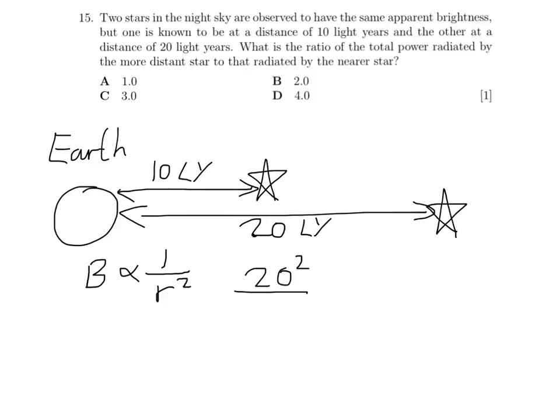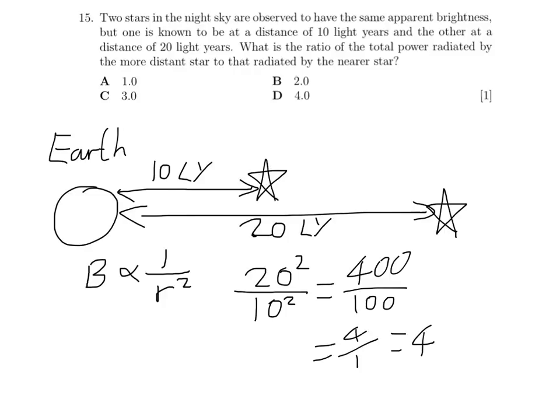So the more distant star is 20 light years away. So we're going to do 20 squared divided by 10 squared, which gives us 400 divided by 100, which gives us a ratio of 4. So that's answer D.